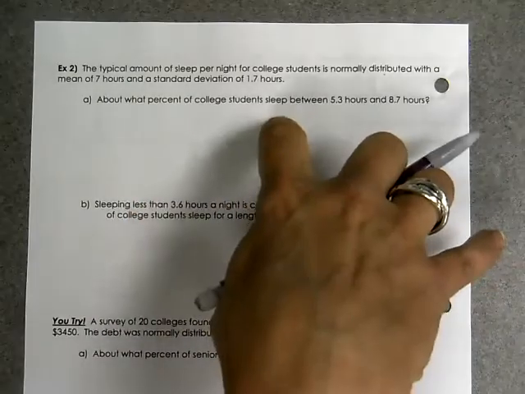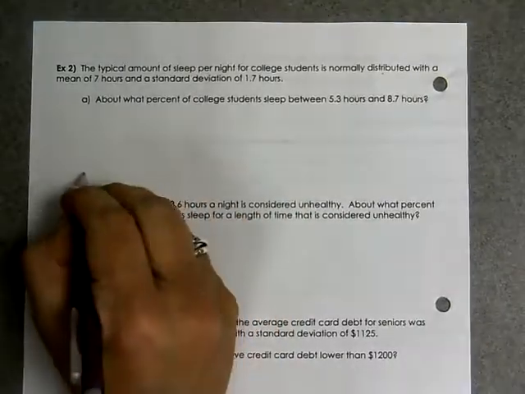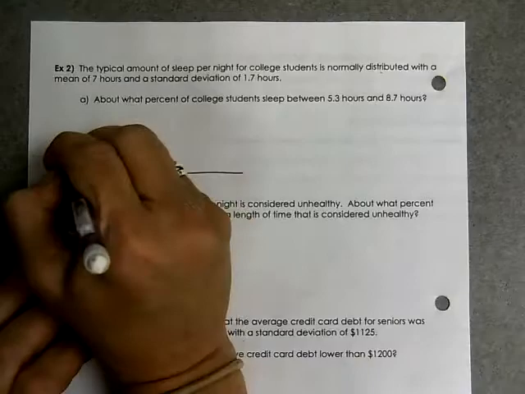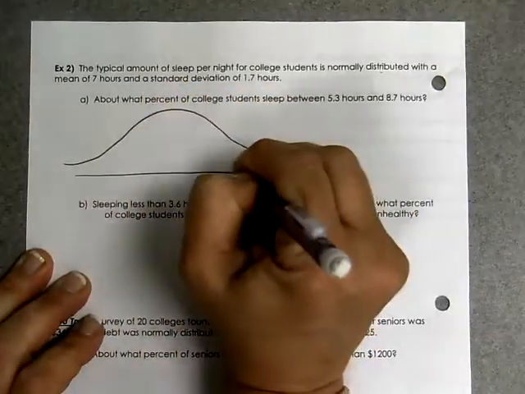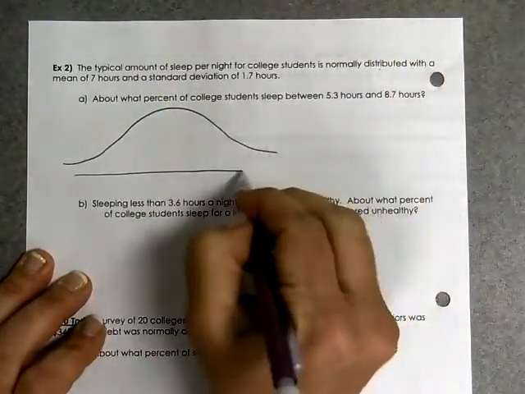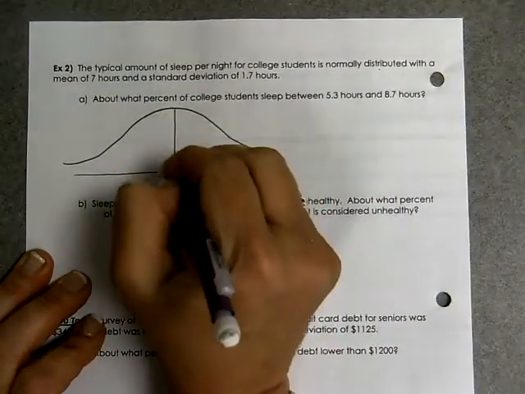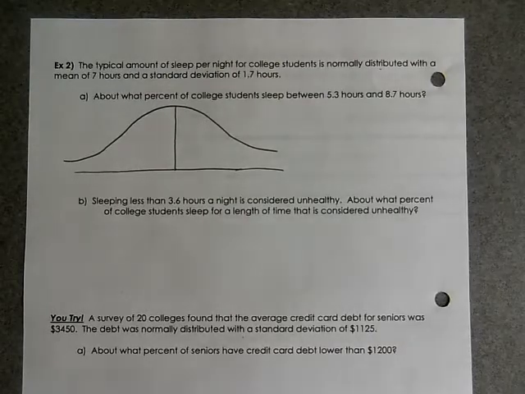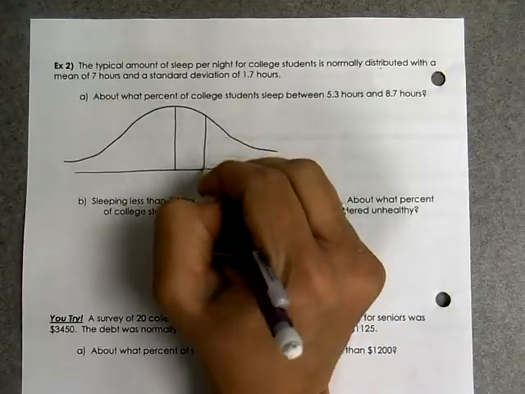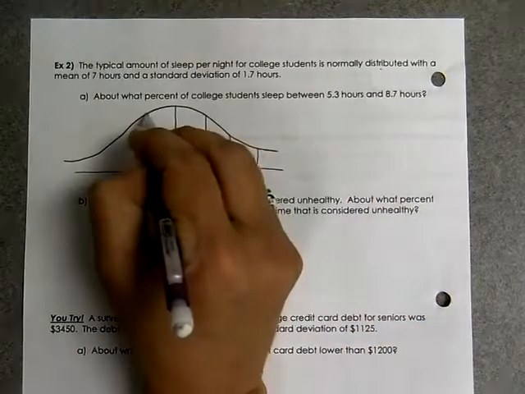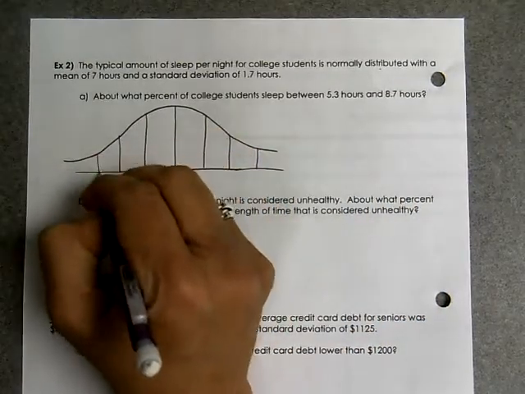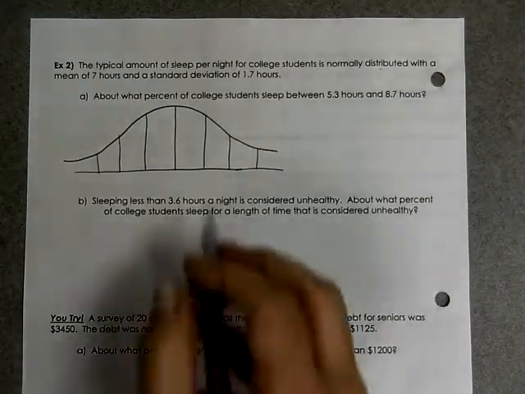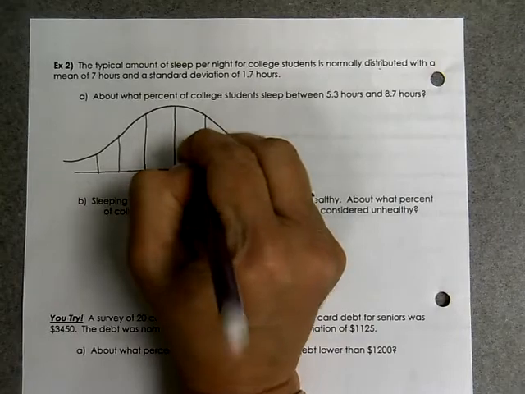Well, before we even read A and B, let's draw a curve to represent this information, okay? So, once again, we'll draw this nice curve. I'm sure yours are nicer than mine, okay? And we'll make the mean in the middle, and we'll go 1, 2, 3 to the right, 1, 2, 3 to the left. And then practice putting in those percents.